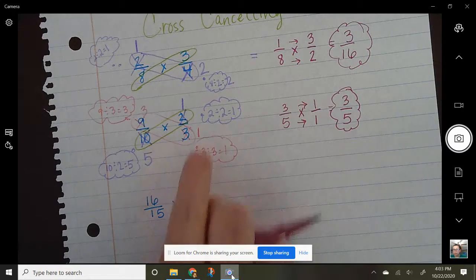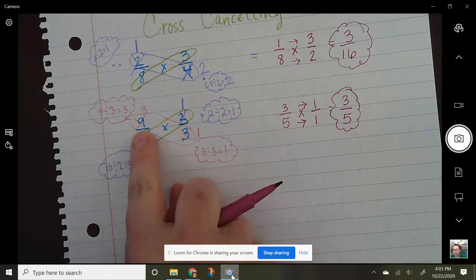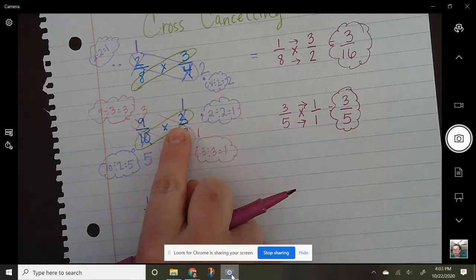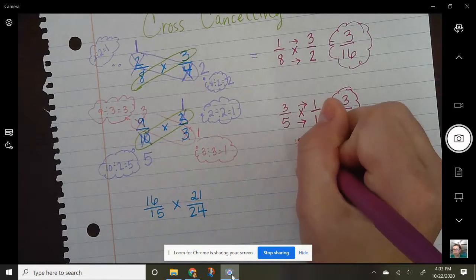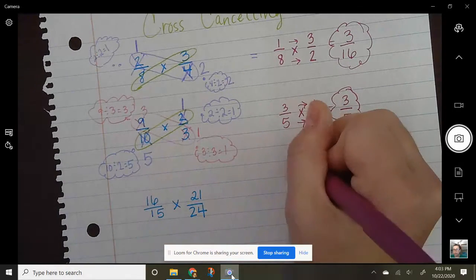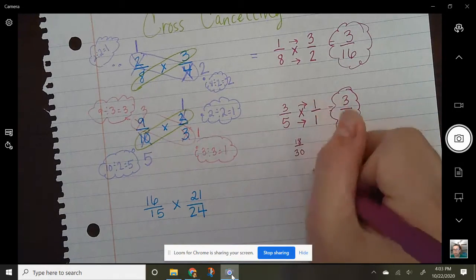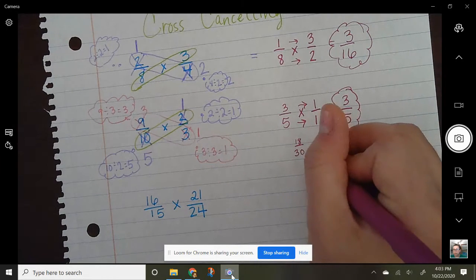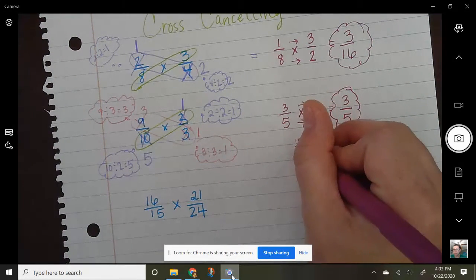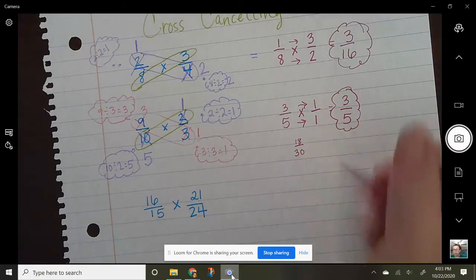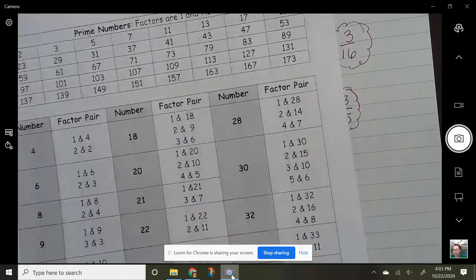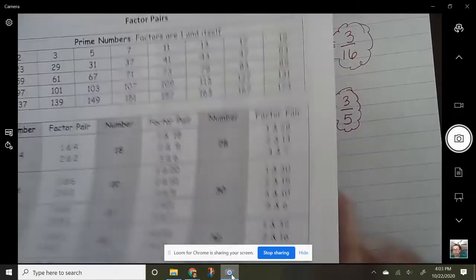If I were not to have simplified, I would have had to take 9 times 2, which would be 18, and 10 times 3, which is 30. And then I would have to divide them both by a common factor. So I'd have to go back to my chart, and this time I'm looking at 18 and 30.